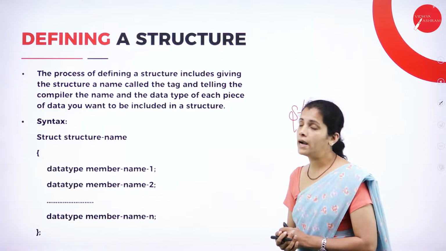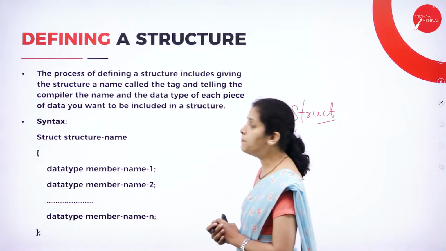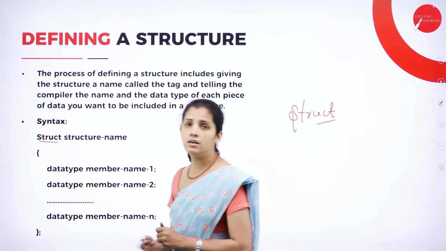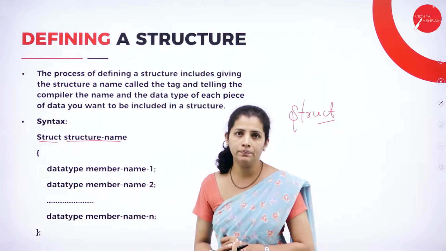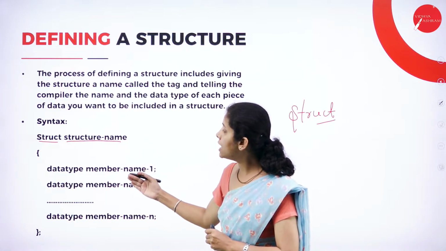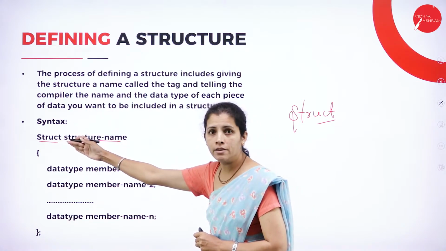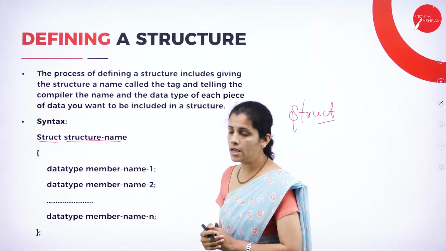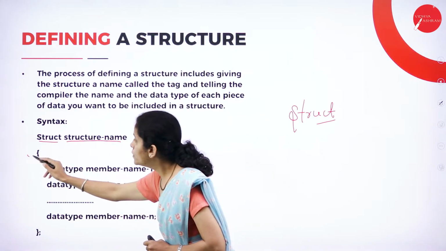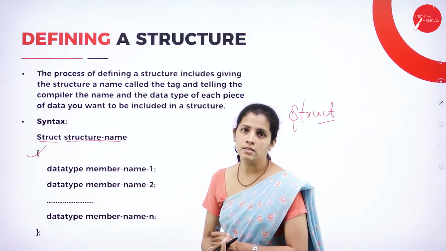How am I going to define the structure here? With the help of the struct keyword, and I want to specify the structure name. So how am I going to start? With the help of the struct keyword, I specify the structure name, and I use the curly brace.